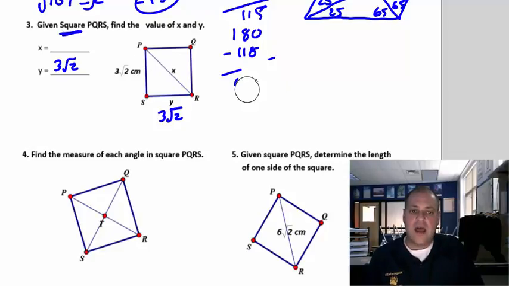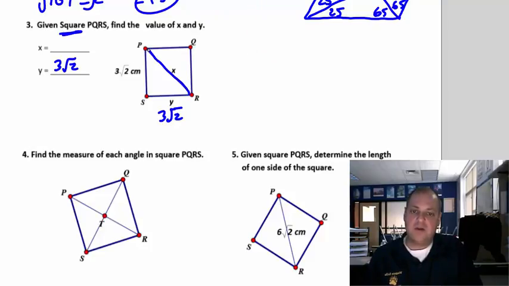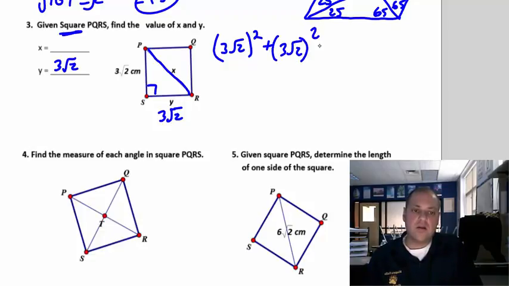All right, so now, to get this out of the way here, I'm going to find my diagonal, which again is the hypotenuse. This is a right angle, so I'm going to do the Pythagorean Theorem. 3 radical 2 squared plus 3 radical 2 squared equals c squared. That's a squared plus b squared equals c squared. This is 9 radical 4 plus 9 radical 4.